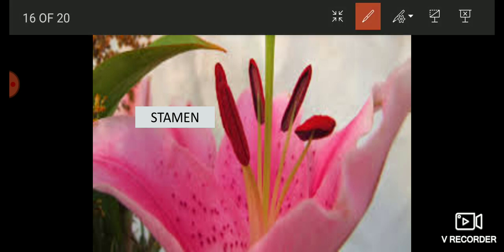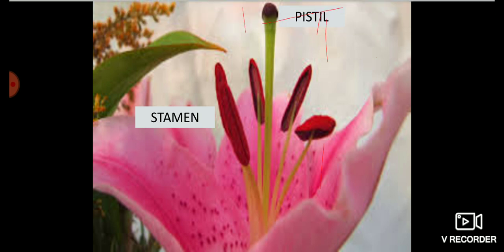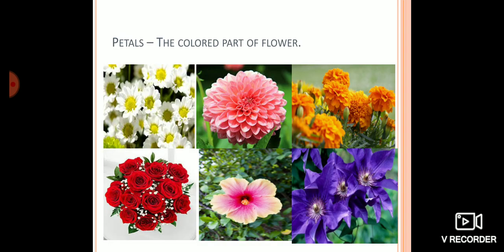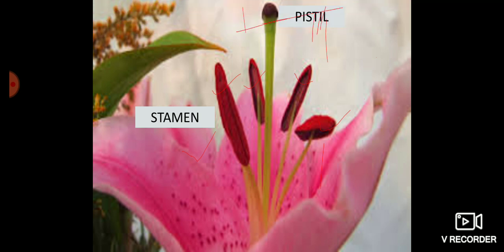So stamen is the male reproductive part of the flower. So these are the stamens, and this one is the pistil, which is the female reproductive part of the flower.